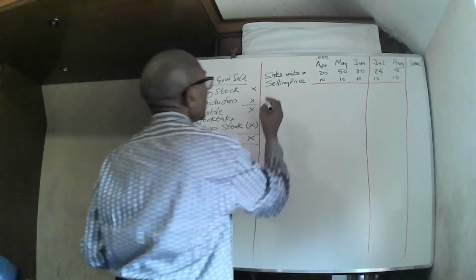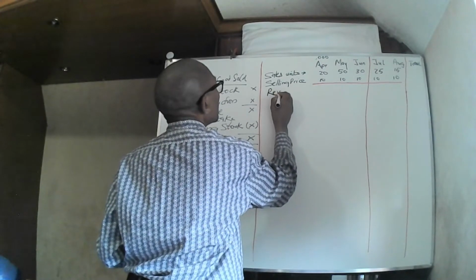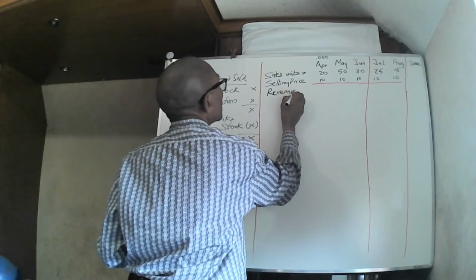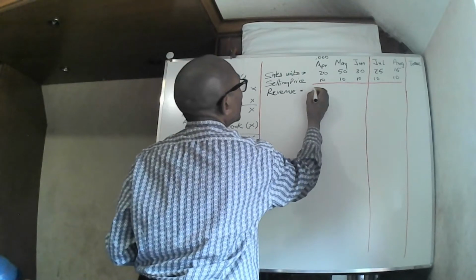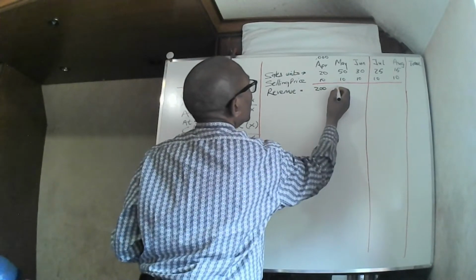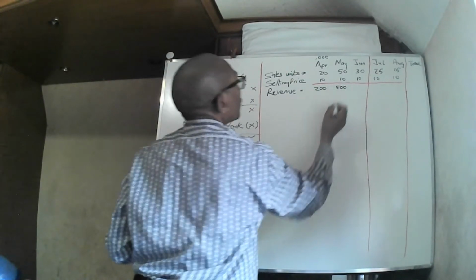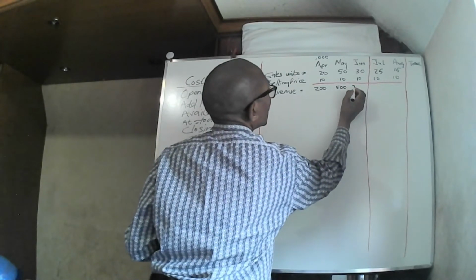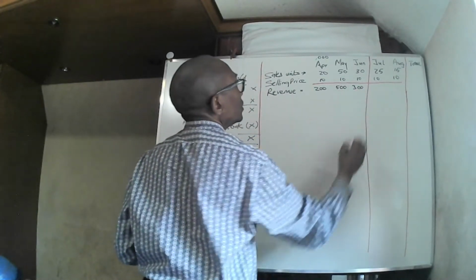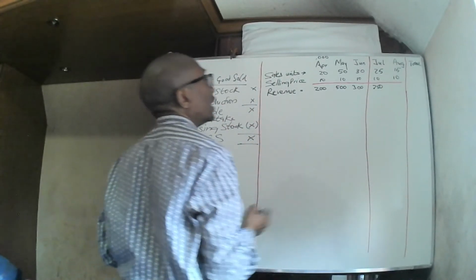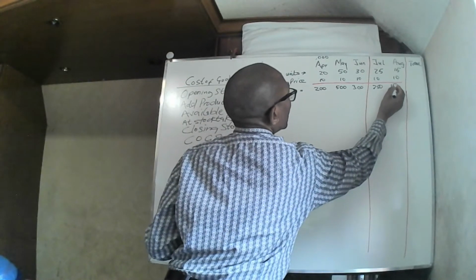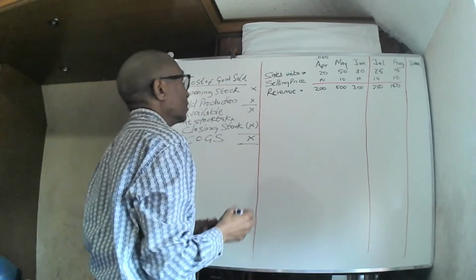So the revenue was 10 times 20, 200 for April, 500 for May, 300 for June, 250 for July, 150 for August.